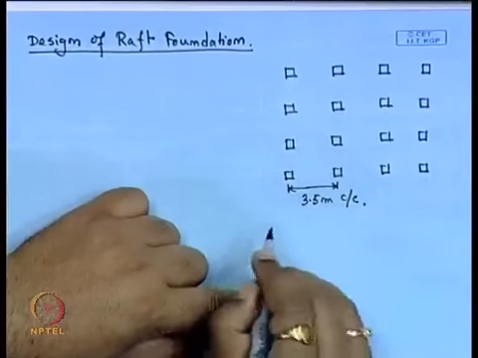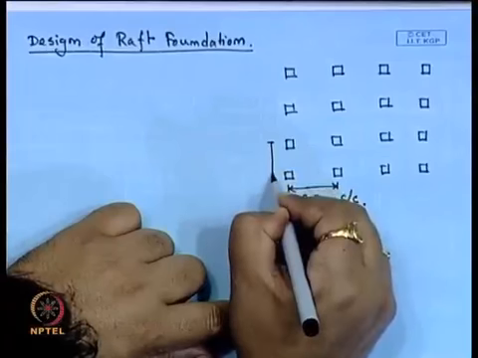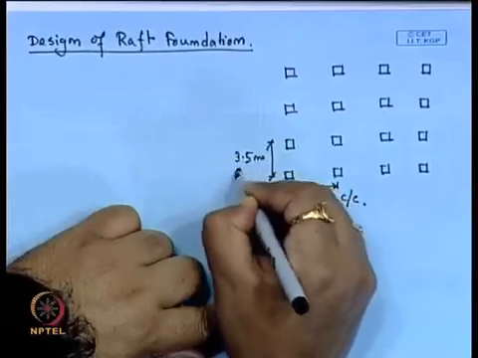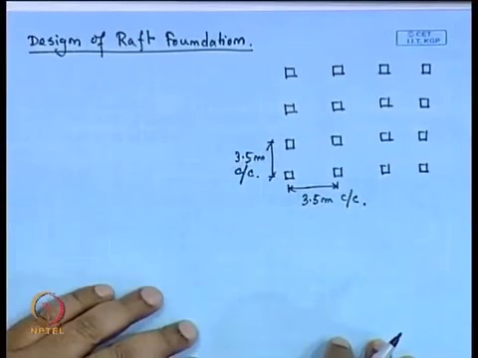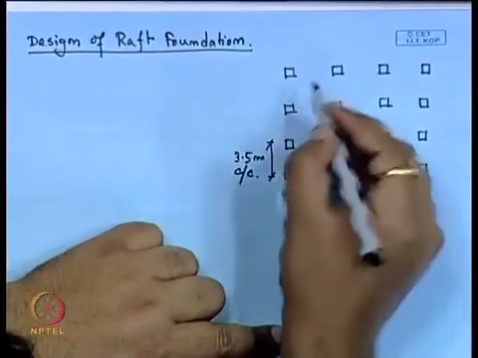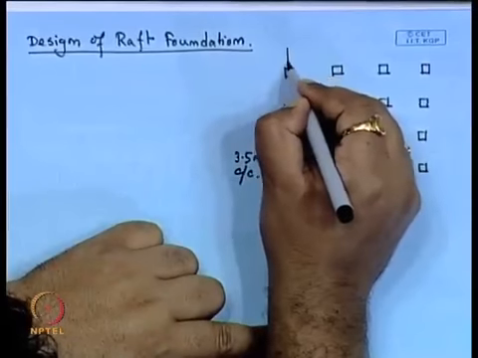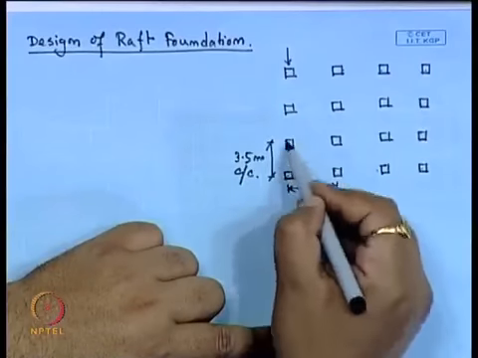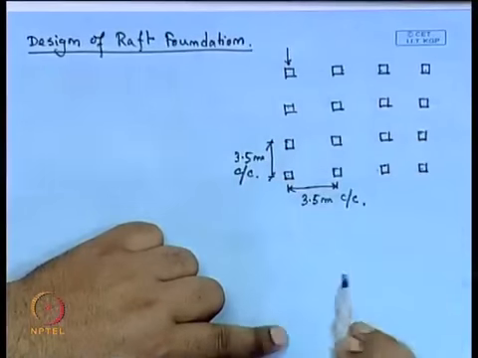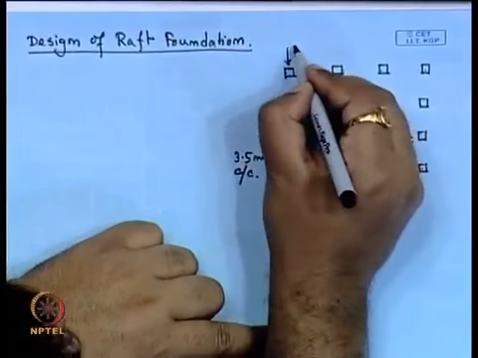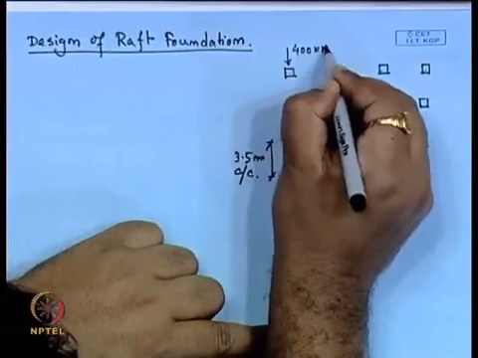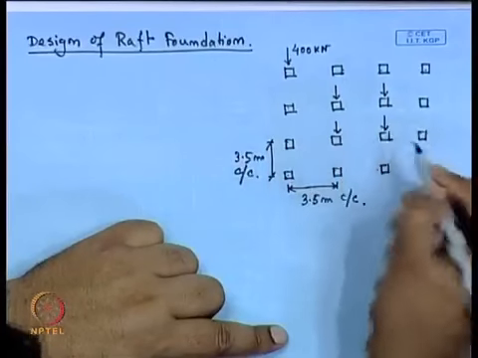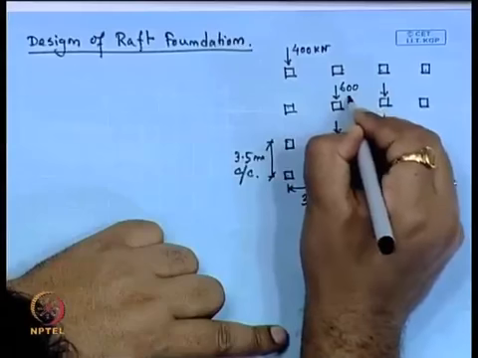This is the center to center from this direction and this direction also. So, the load that is acting here, all the outside columns. There are 1, 2, 3, 4, 5, 6, 7, 8, 9, 10, 11, 12 outside columns and 4 inside columns. So, the load that is acting on each outside column is 400 kilonewton, and for each inside column the load that is acting is 600 kilonewton.